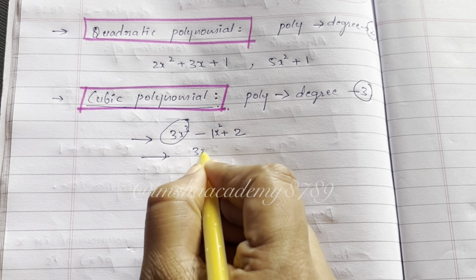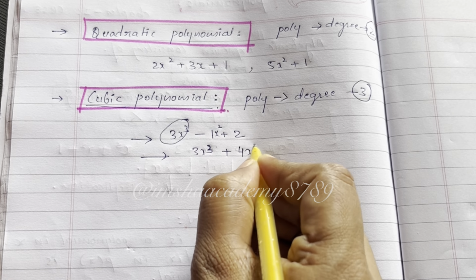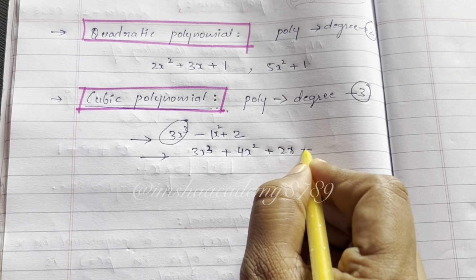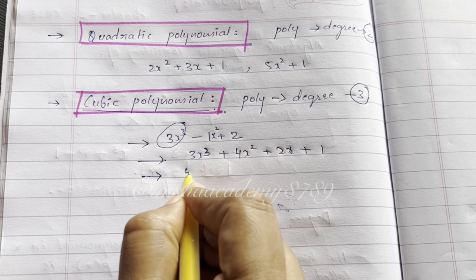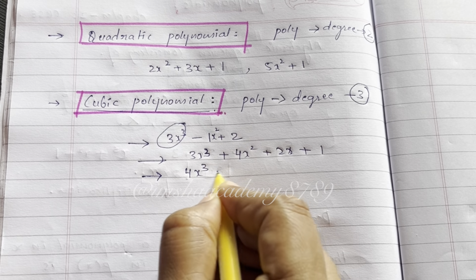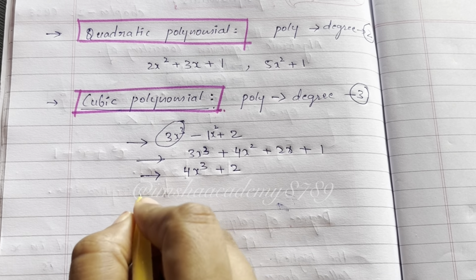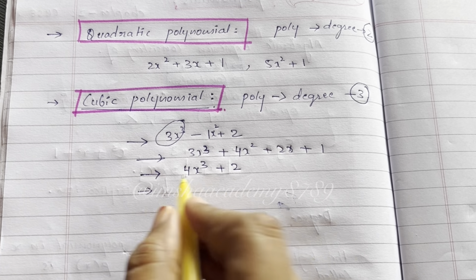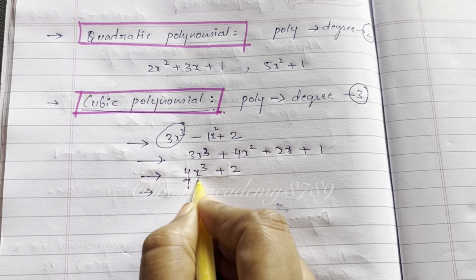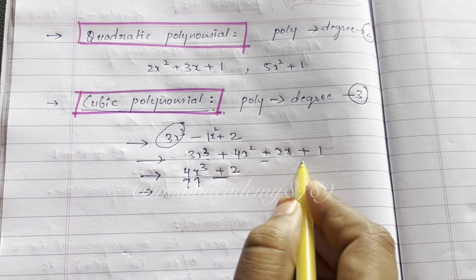So 3x cube plus 4x square plus 2x plus 1 is also an example of a cubic polynomial. 4x cube plus 2 is also a cubic polynomial. Not only x, you can take any variable. Here 4 is a constant, x is a variable. It is combined using some operations.